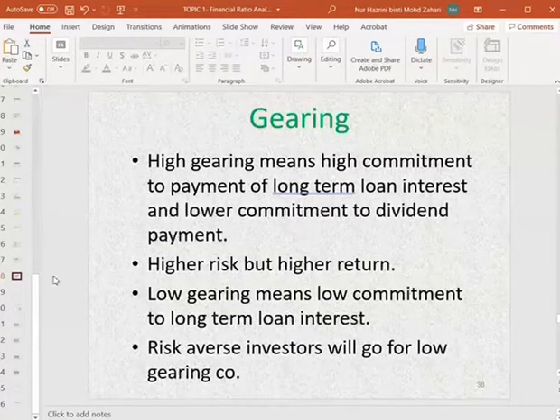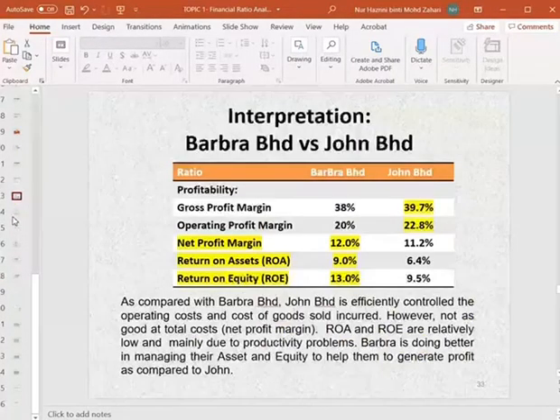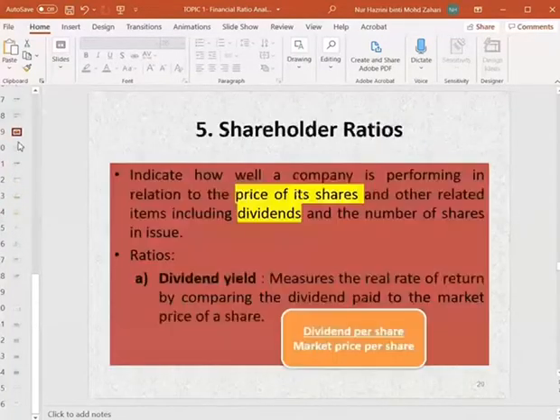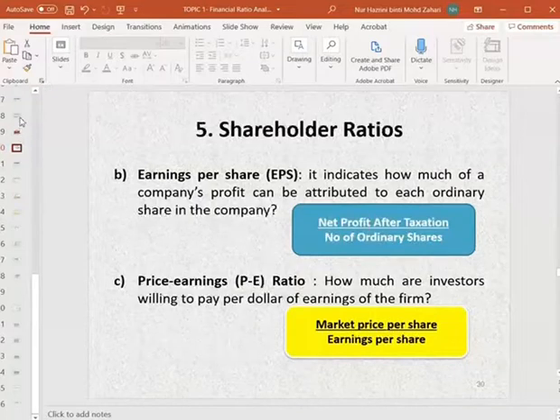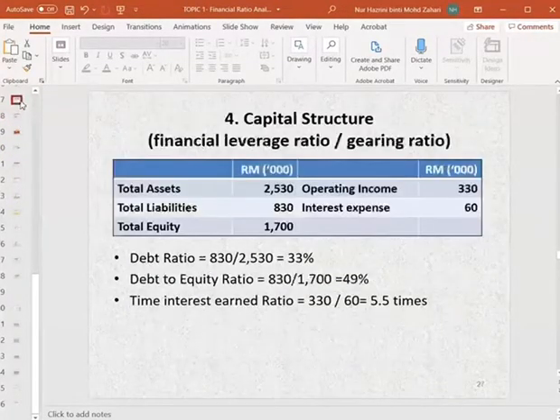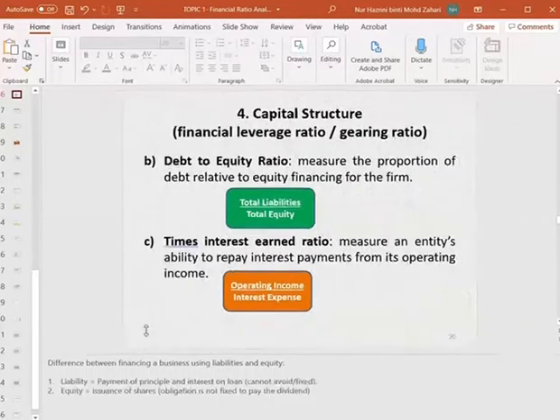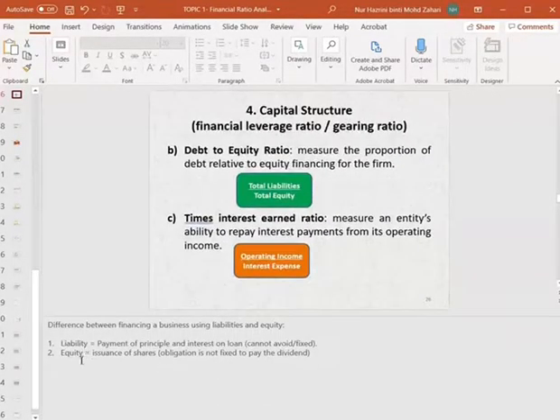Like I said just now, in this slide, you have two ways to finance your business: from liability or equity. Of course, if you are a high gearing company, you have a lot of liability, which means liability comes first.